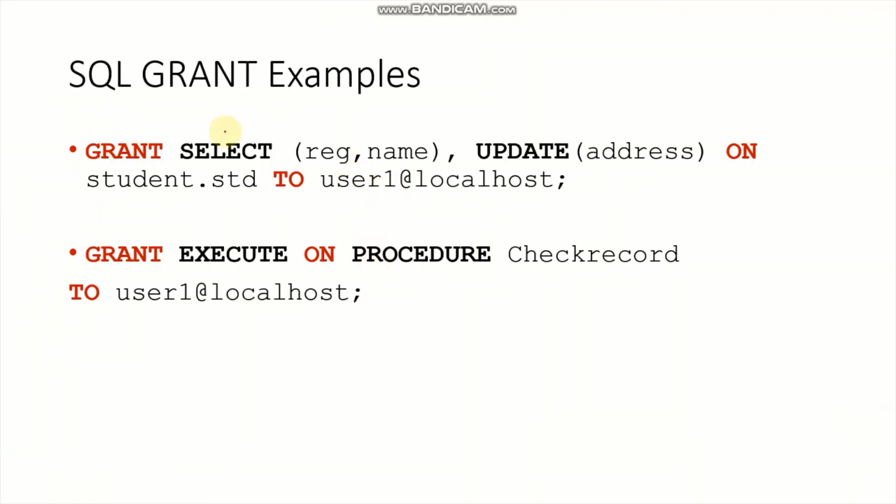Here I am applying select privilege for user1 on the student database, and inside the student database we have the std table, and inside the std table we have 2 columns, registration and name for select privilege, and for update privilege we have address. So in this way we can specify a particular column inside a table in a database for the grant query.